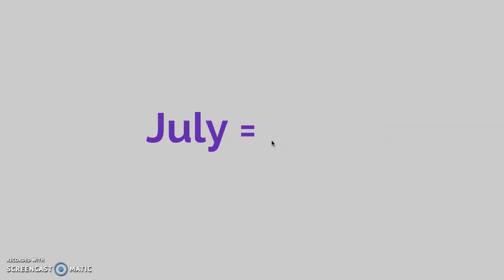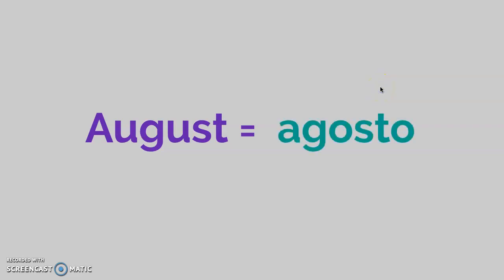Gracias. July, named after Julius Caesar. Julio. Julio. Repitan. August, named after his nephew, Caesar Augustus. Let's get to it. Agosto. Una vez más, agosto.